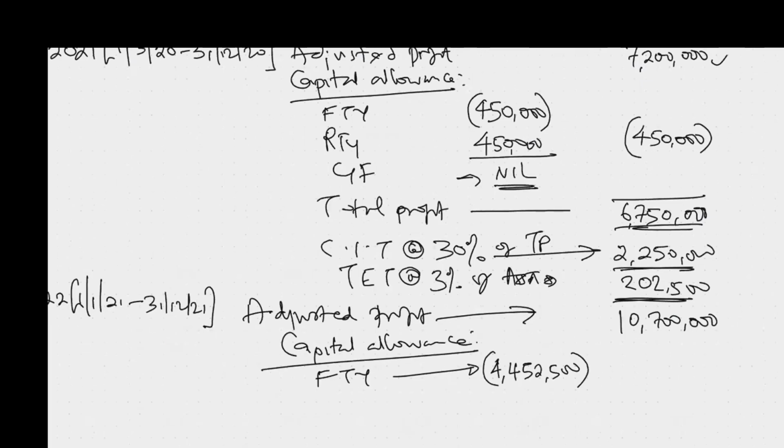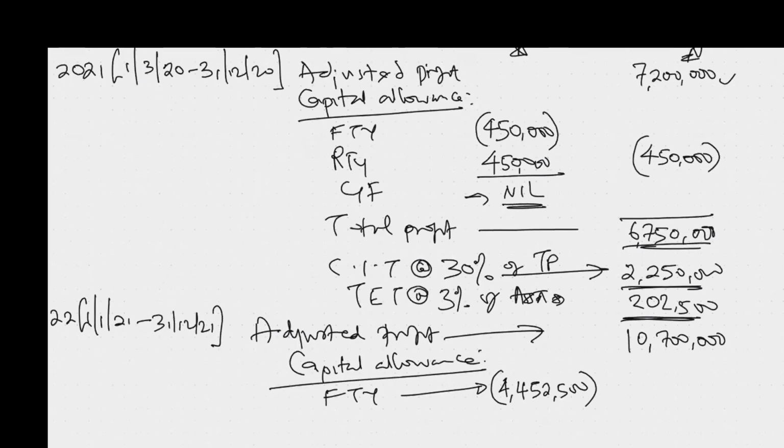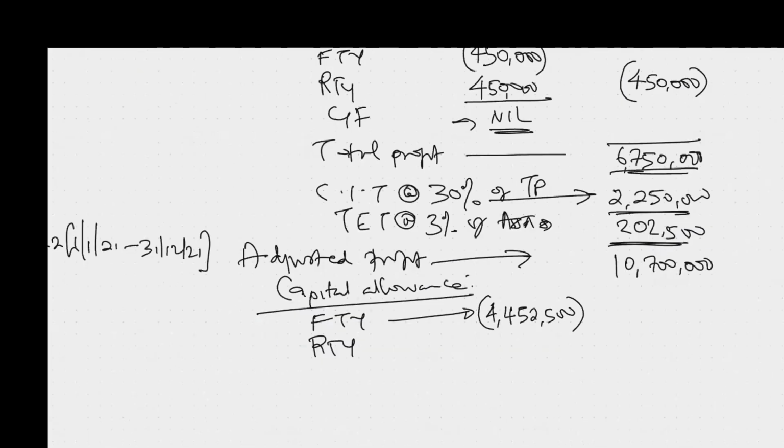Okay, so I'll say relief for the year. Assuming this company is a trading company, it's probably a trading or a manufacturing company from the question. It's a manufacturing company, so we can take all the capital allowance. I'll take everything without restriction. We have 6,047,500.